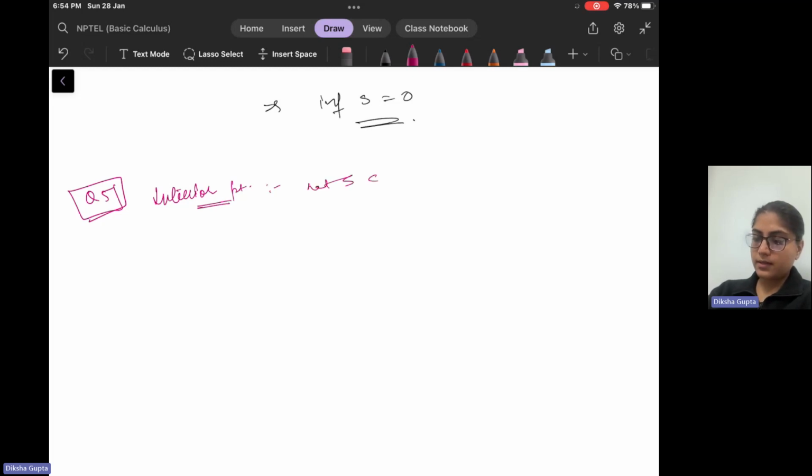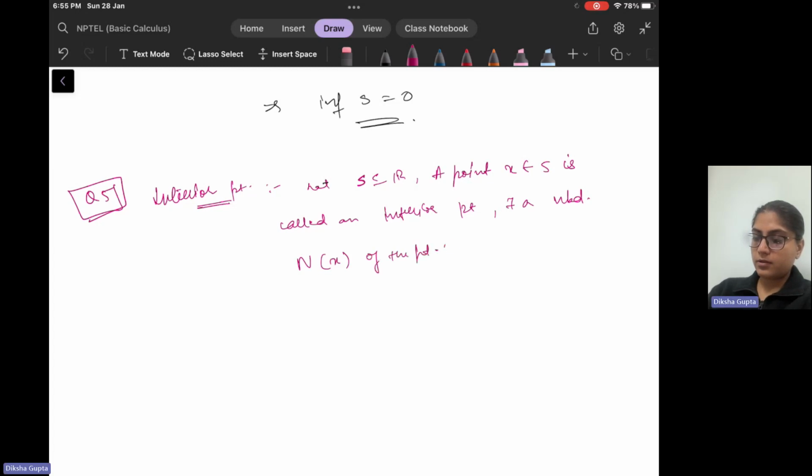Let S be a set contained in the set of real numbers. A point x belonging to S is called an interior point if there exists a neighborhood Nx of the point x such that Nx is contained in S.